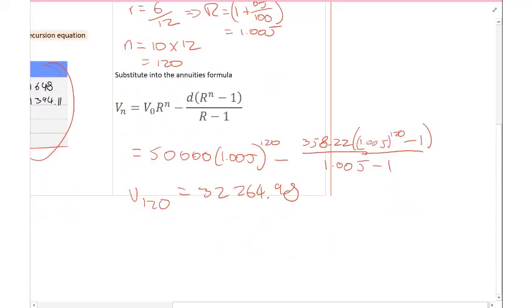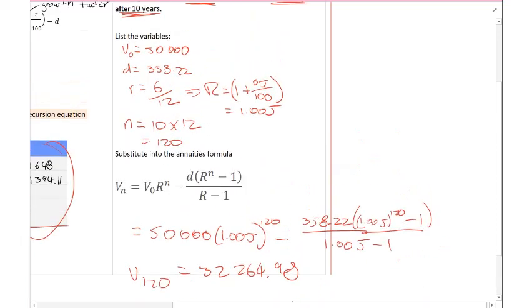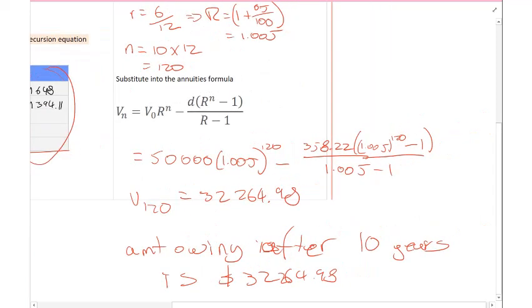So the amount owing after 10 years is 32264.98. Okay. This is why I say it's messy, because to do this part, that's what I mean by messy.